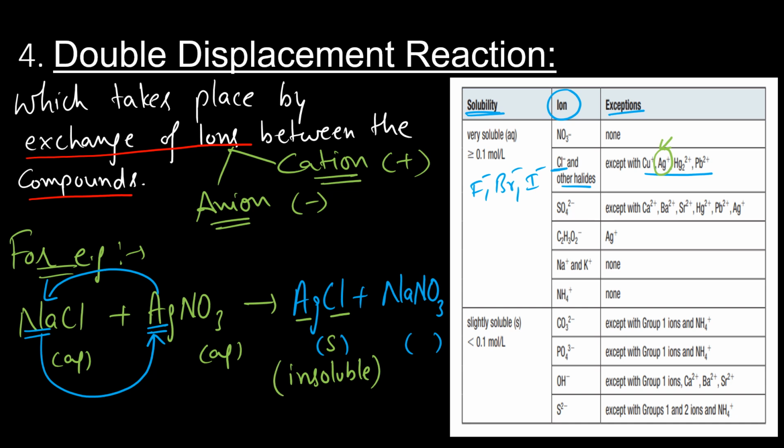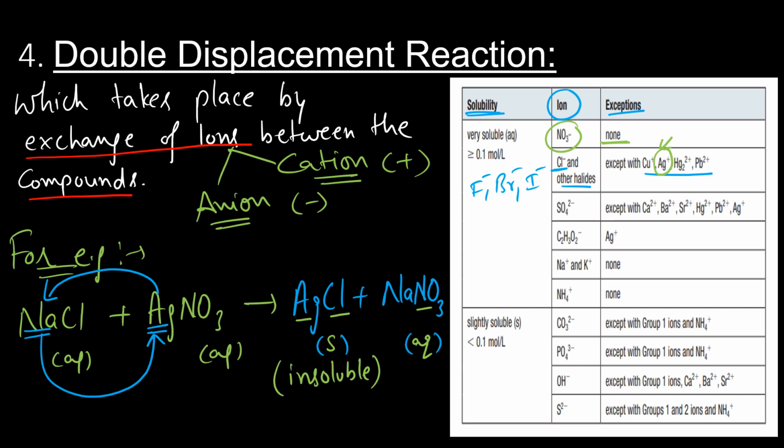When we see this chemical reaction in the lab, as a result of this exchange of ions, you may see silver chloride come out in the insoluble state. That's why its physical state is going to be solid. When we check nitrate, there is no exception, so it will remain aqueous.